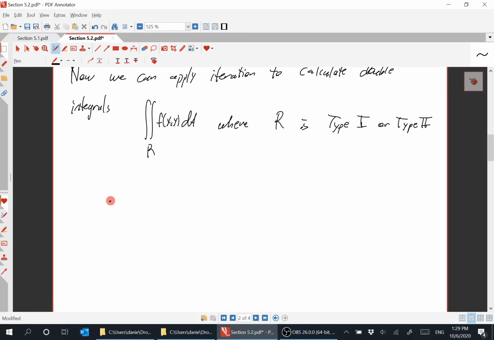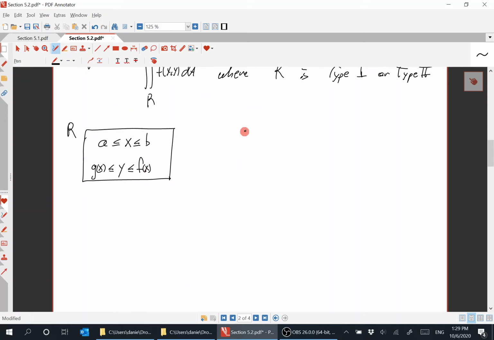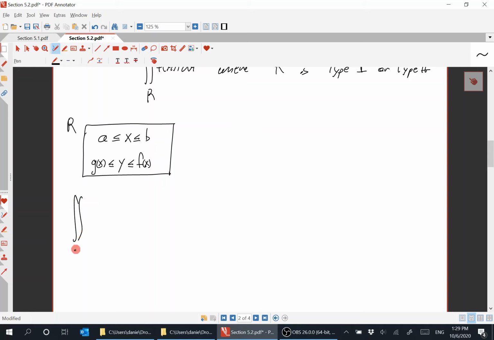So when a is less than or equal to x is less than or equal to b, and g of x is less than or equal to y is less than or equal to f of x, if this is R, then the double integral over R of f(x,y) dA is equal to the iterated integral.